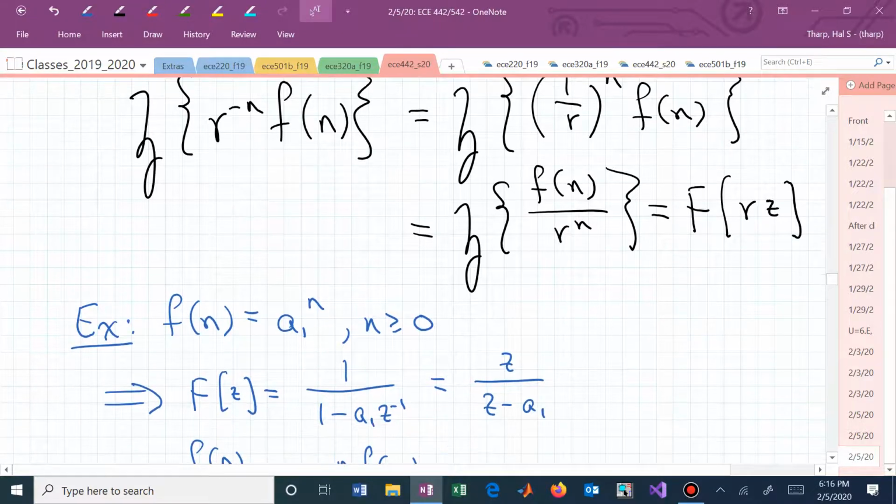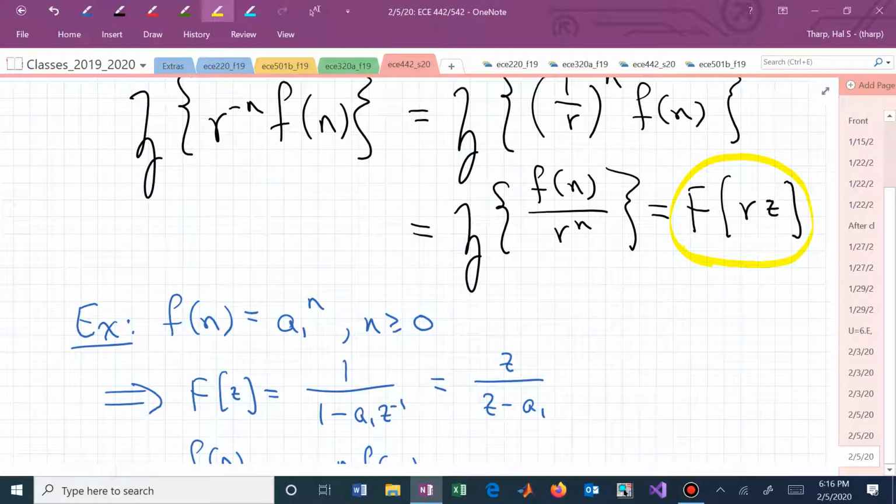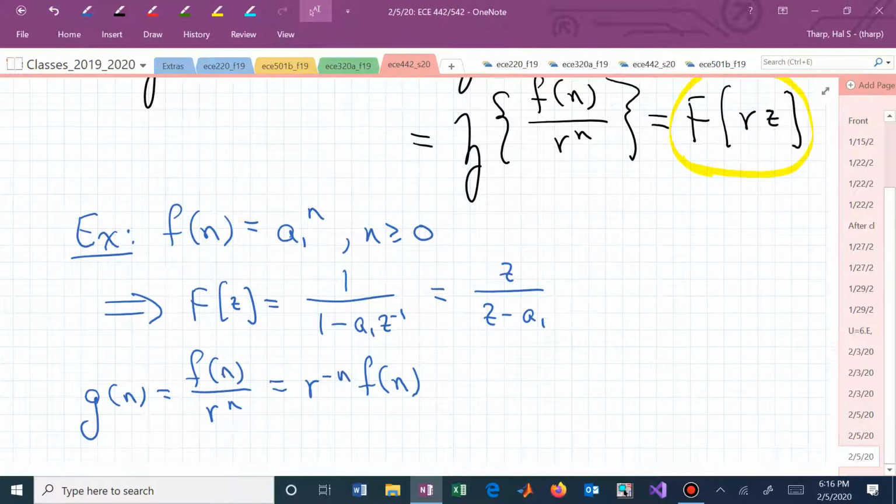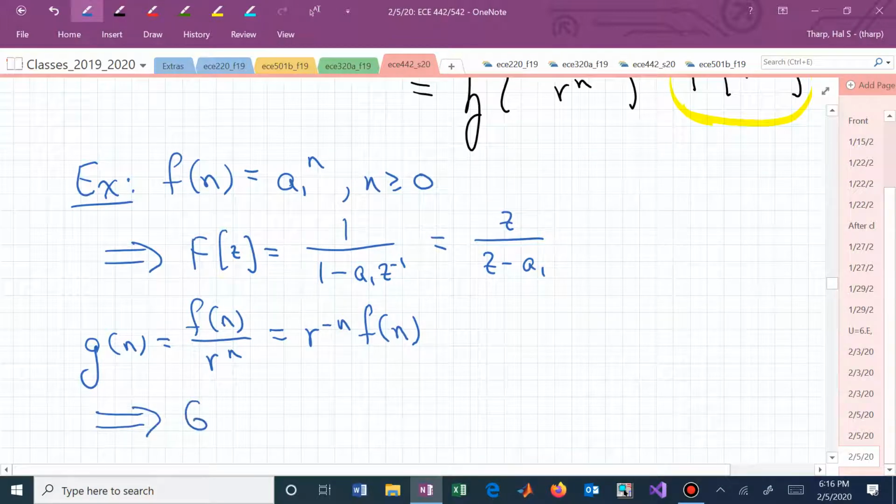How do we... Now what we do is anywhere that we had a Z in our transform expression, we replace it with RZ. We now simply need to find what is R. Well, in this case, it is R, so that this now says that we have capital G of Z is now f of RZ.